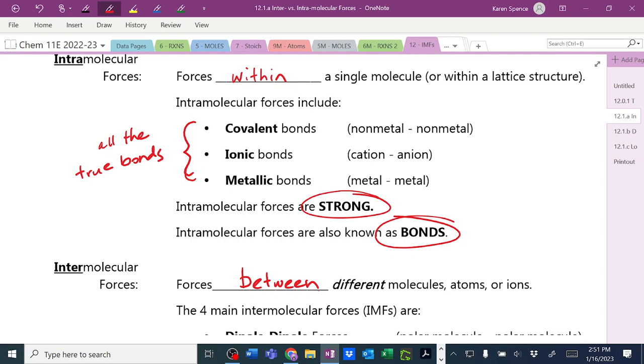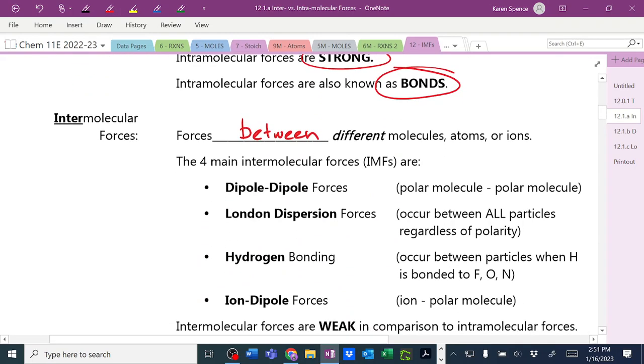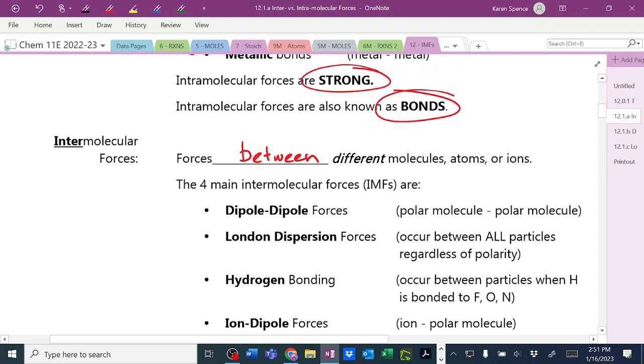I don't think they're really covered on AP, so I may just skip them altogether. So we have dipole forces, which are between dipoles, so you need a polar molecule and a polar molecule. We have London dispersion forces, which occur between all particles, regardless of their polarity.